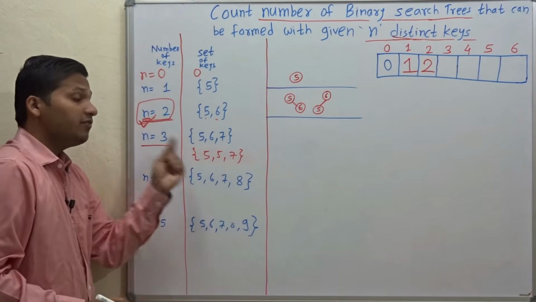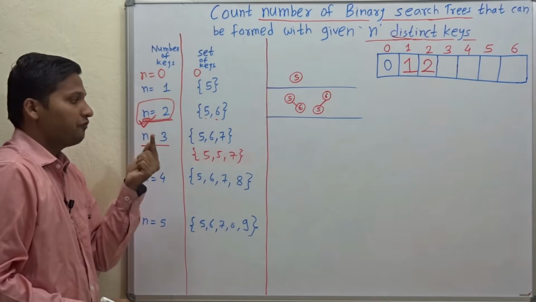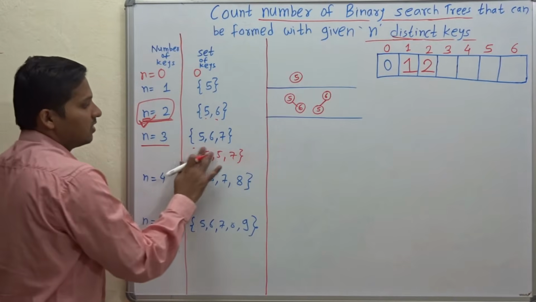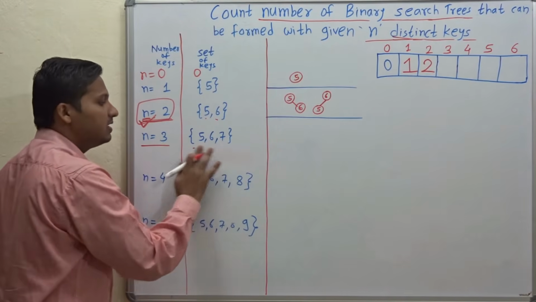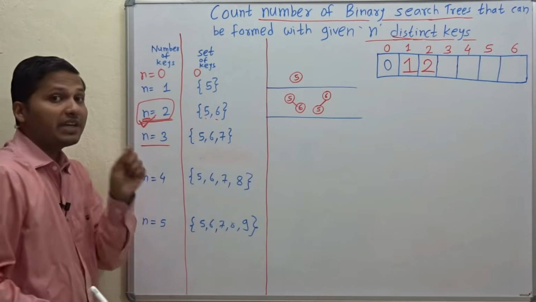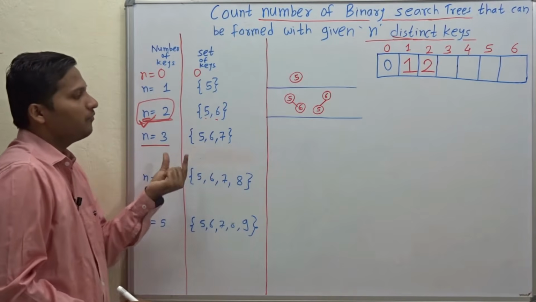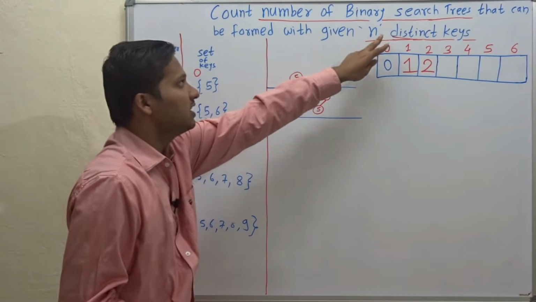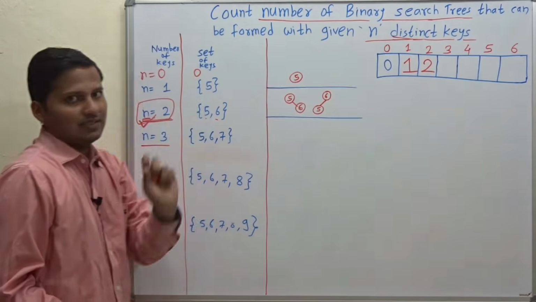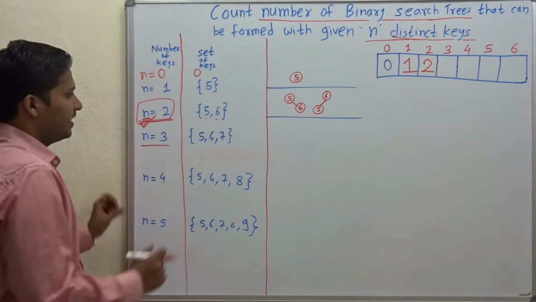Yes, then there will be a change in the number of binary search trees. So the keys should be distinct. There should not be a repeated key in a set. We are going to derive a formula for the number of binary search trees in which there are distinct keys. Okay, so let's go ahead.